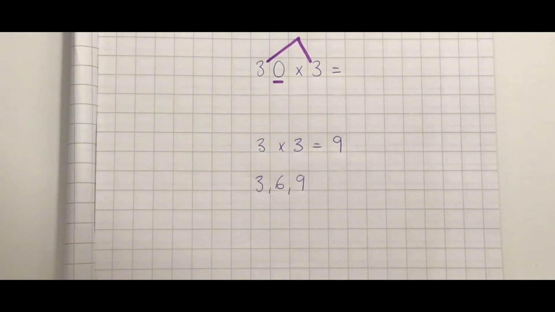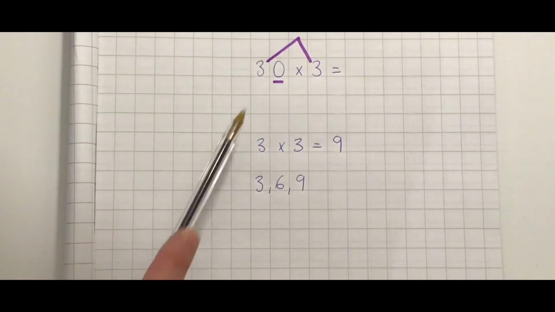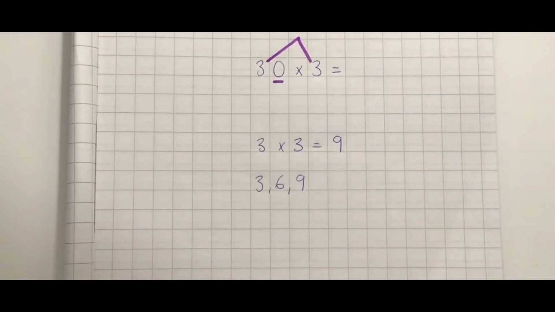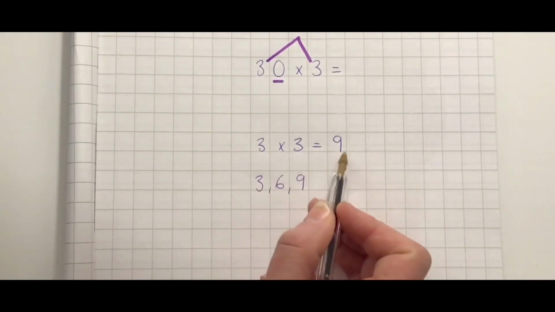However, it's important to remember that although we changed this to a 3, it doesn't really mean 3, it still represents 30. Therefore, we need to add our 0 back as a placeholder, and I'll show you how to do that now. So we worked out 3 times 3 equals 9.